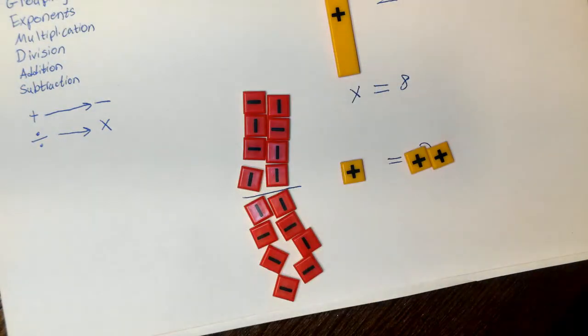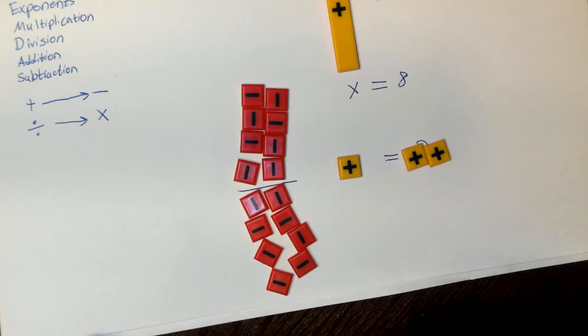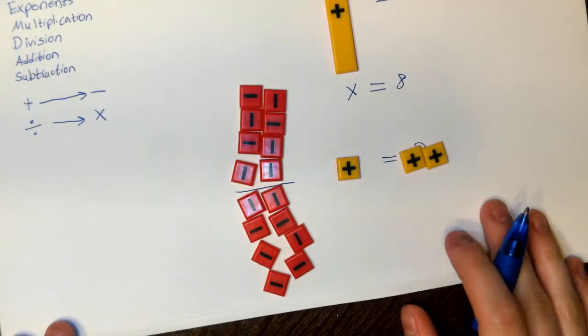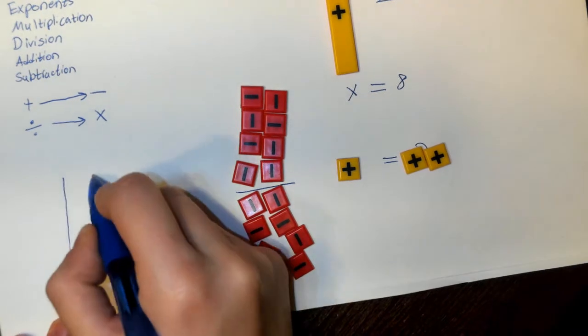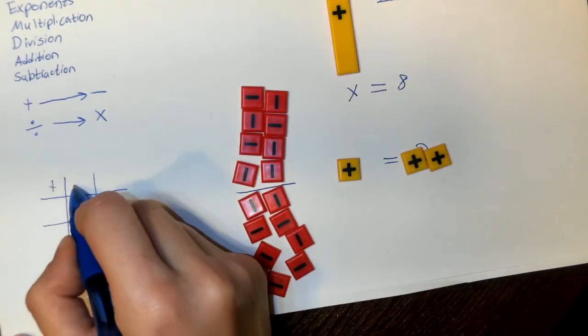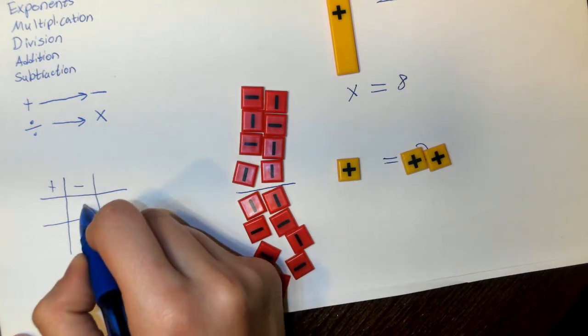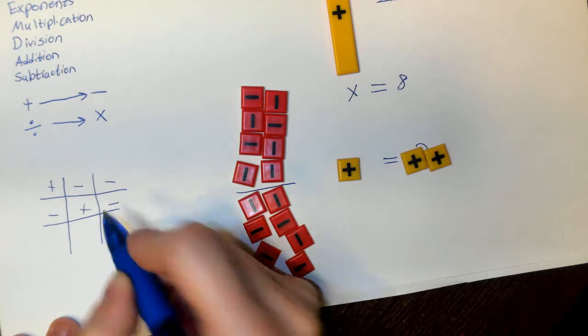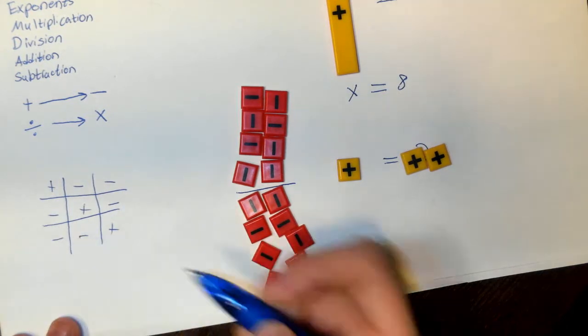Alright? So what happens when we have a negative divided by a negative, if we remember our tic-tac-toe chart? If we have a positive and a negative, it's going to be a negative. If we have a negative and a positive, it's going to be a negative. And if we have two negatives, that makes a positive.